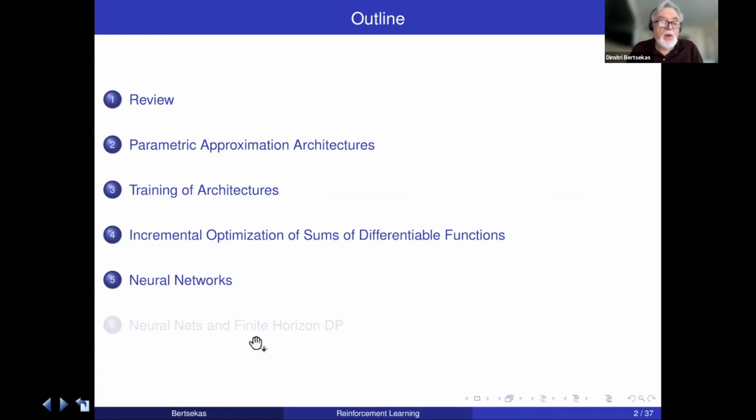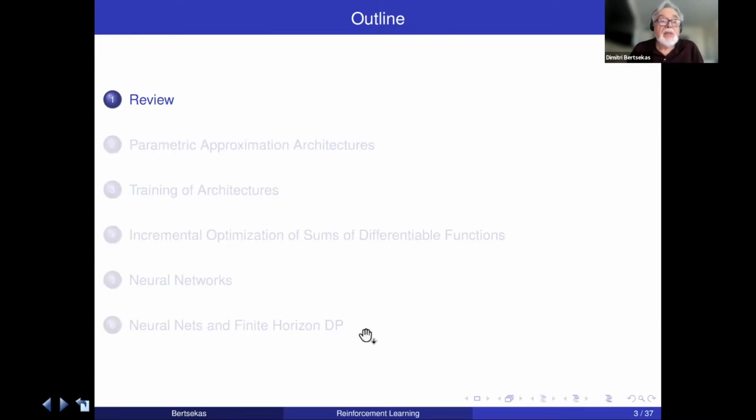And then we're going to discuss how neural networks can be used within finite horizon dynamic programming contexts. In future lectures, we're going to focus on infinite horizon context and the policy iteration method in particular. However, today we're going to focus on finite horizon context.